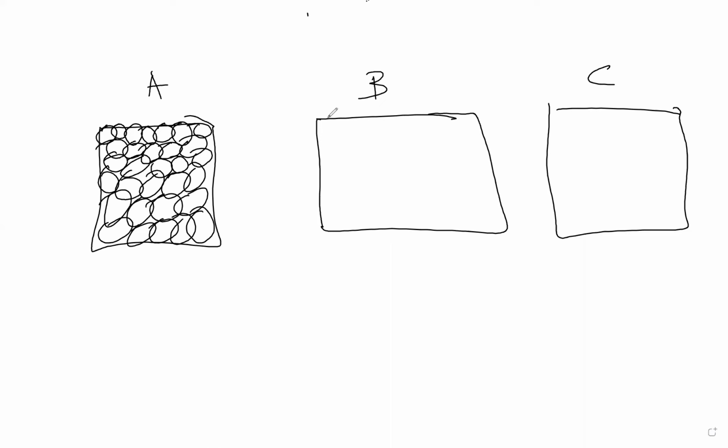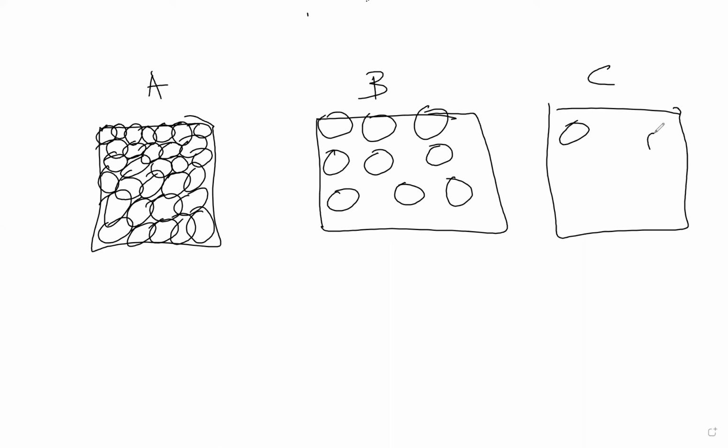And in box B, we have particles that are close, but not as close as they are in A. They are closer, but relatively far apart from each other as compared to A. And for C, we have particles that are very far apart. So these are basically the three states of matter. A is solid, B is liquid, and C is a gas.